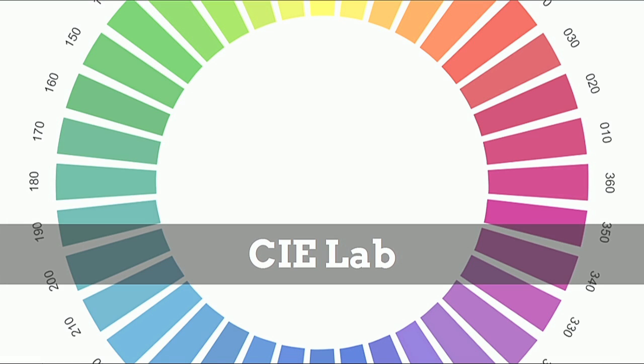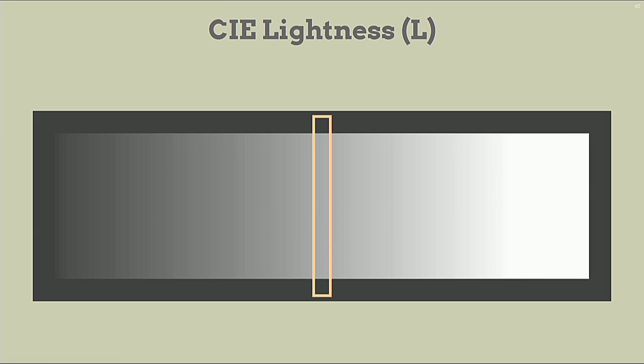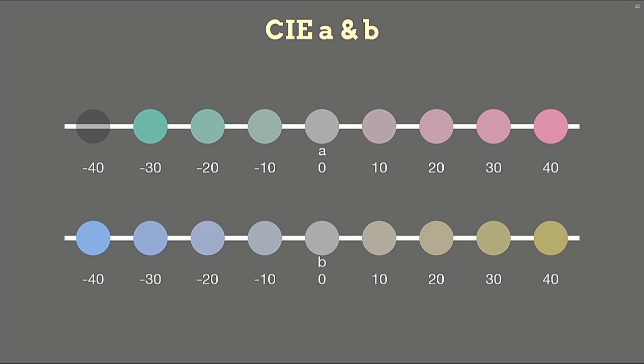So let's have a derived system. We'll take the XYZ and we'll change it a bit. We'll take the Y component and we'll put a bit of simple math on it so we get a scale with gray in the middle. Like that. That's a plot of L from 0 to 100, and 50 is right in the middle. Great, excellent. Much better than that.